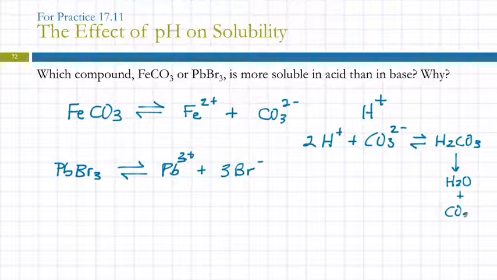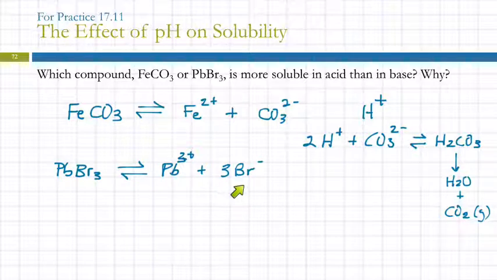Dioxide, not trioxide. So the acid with the carbonate is going to form water and carbon dioxide. That is essentially taking away the carbonate as it dissolves, right? If we're removing product, that's going to shift the equilibrium to the right, causing this to dissolve more than if we weren't taking away carbonate ion.